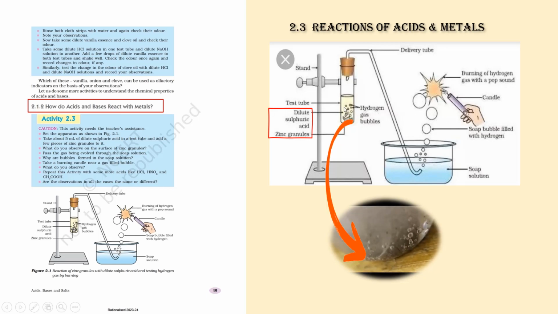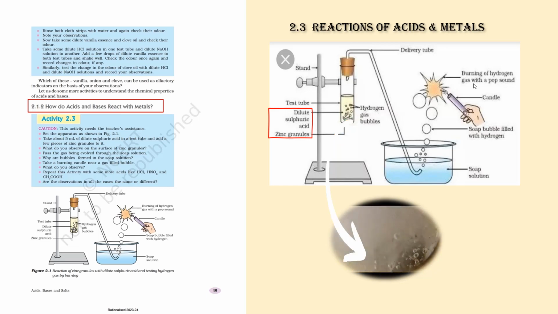So when this gas comes through this bent delivery tube, the soap solution immediately starts forming bubbles. And when these bubbles, which are very light in weight, go up and you bring a burning splint or a candle, the gas will immediately burn with a pop sound. Pop sound is a test for identifying hydrogen. Therefore, we are clear that hydrogen gas is formed.